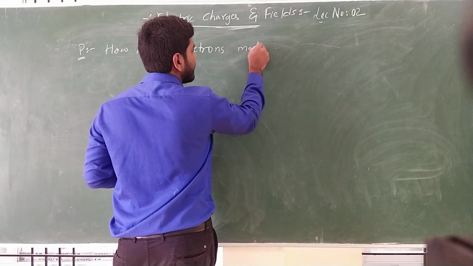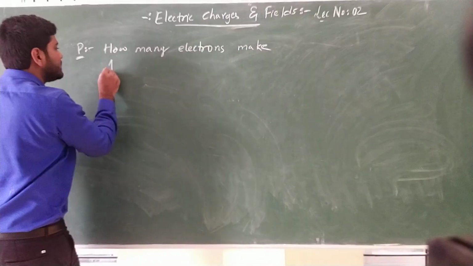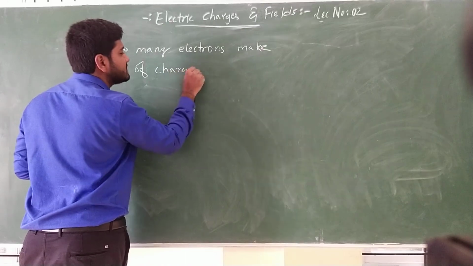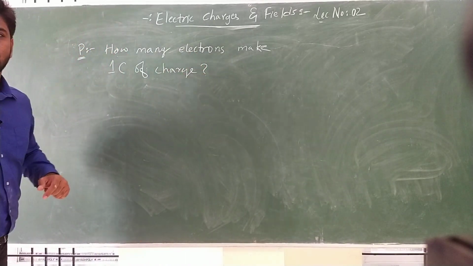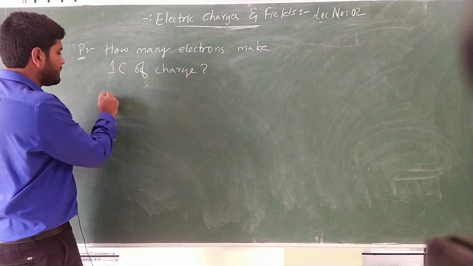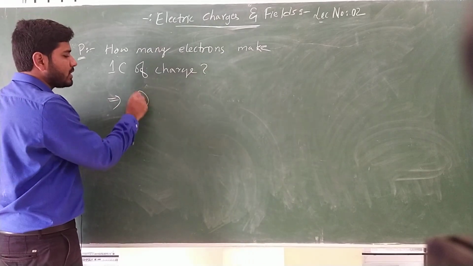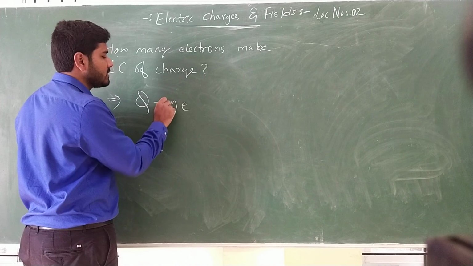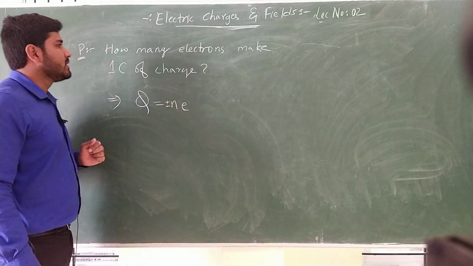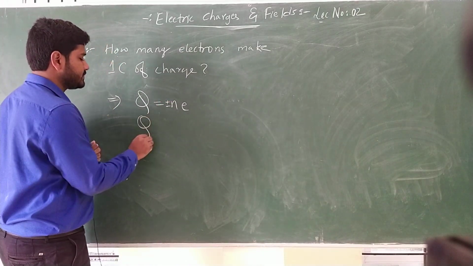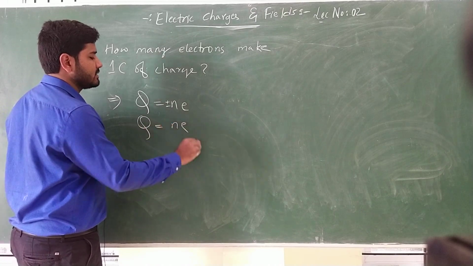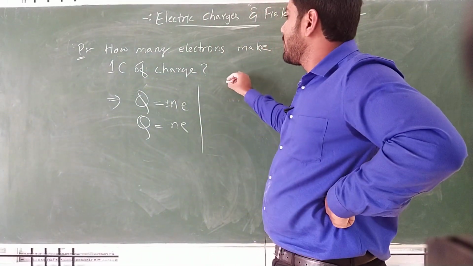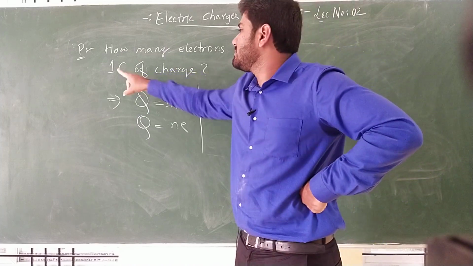We have the formula q is equal to n e, plus or minus n e. So here q is equal to n e. What is q? Q is the total charge, 1 coulomb.